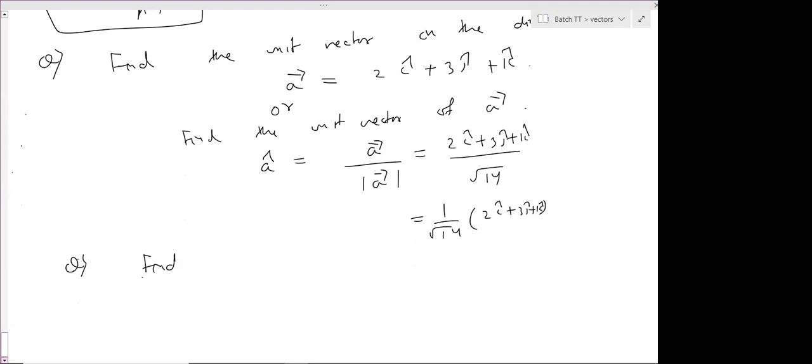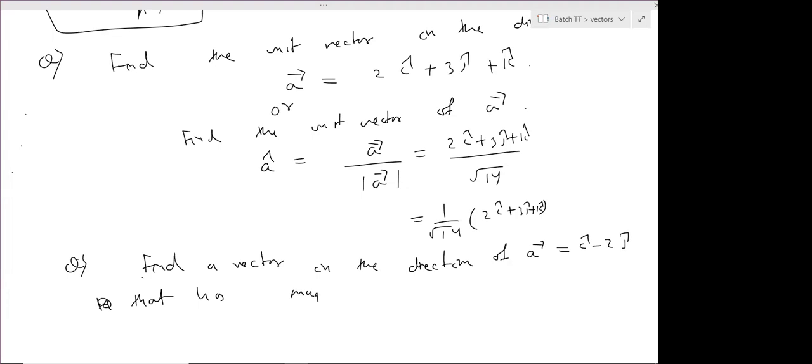Find a vector in the direction of A equals to i cap minus 2j cap that has magnitude of 7 units.